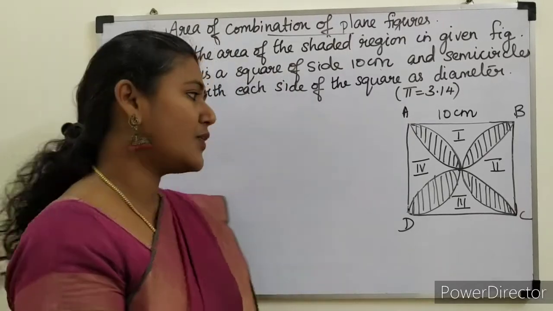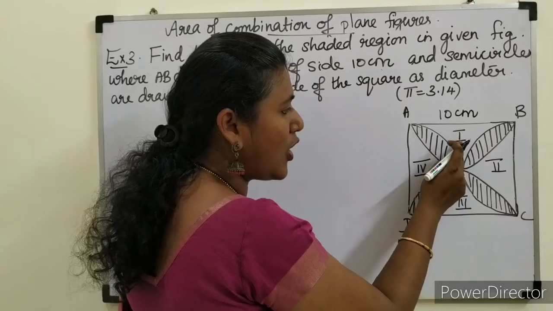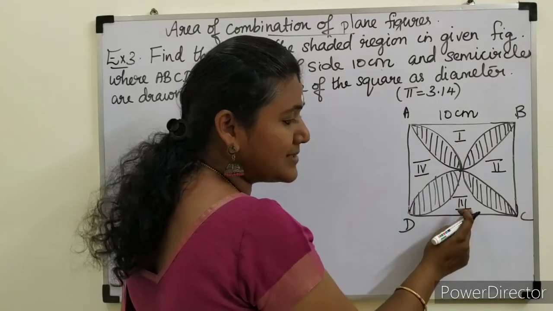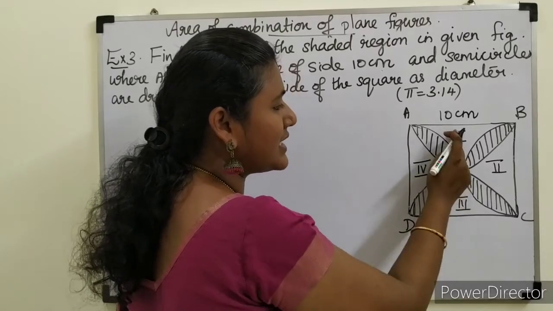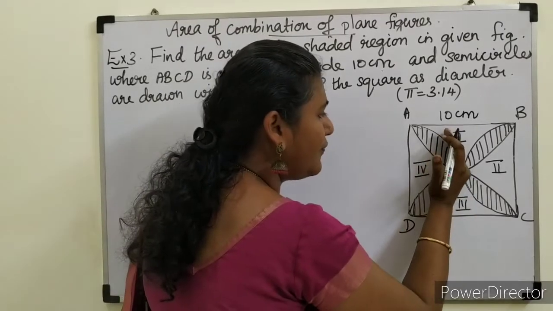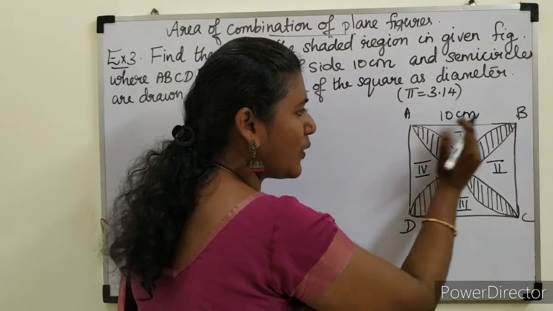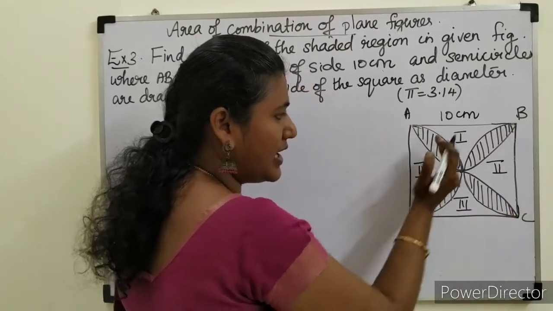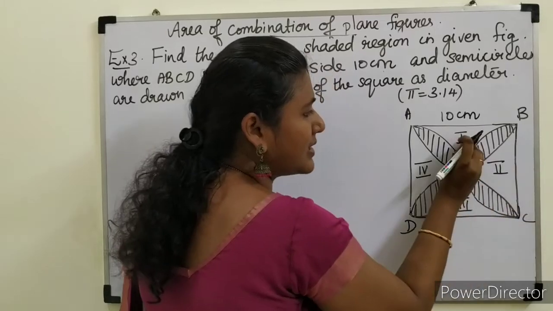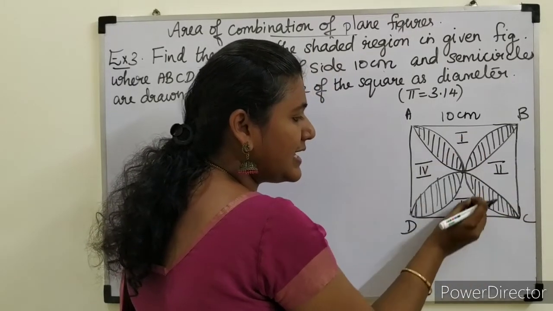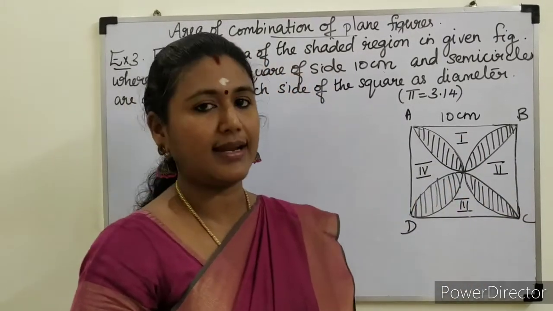Now first we are going to find the area of the regions 1 and 3. If you subtract from the area of the square this semicircle and this semicircle, then you will get the area of the regions 1 and 3.